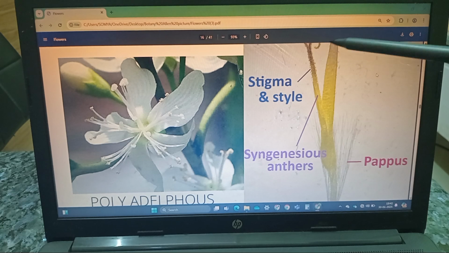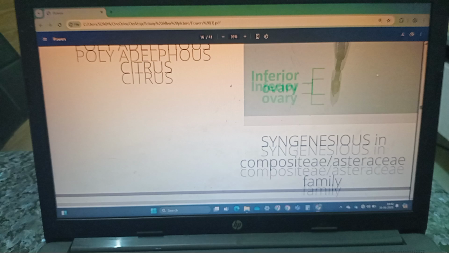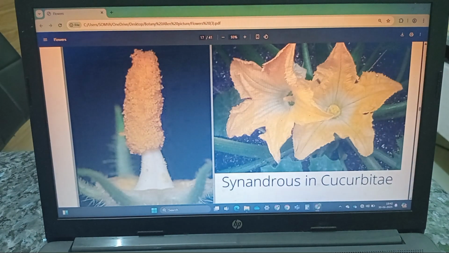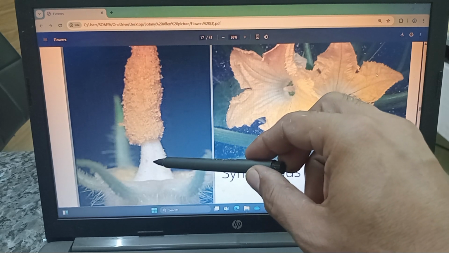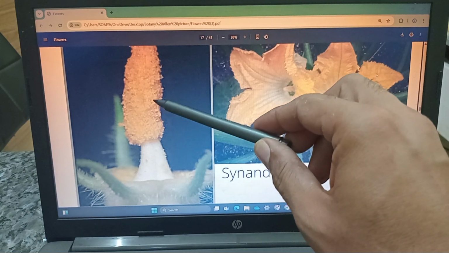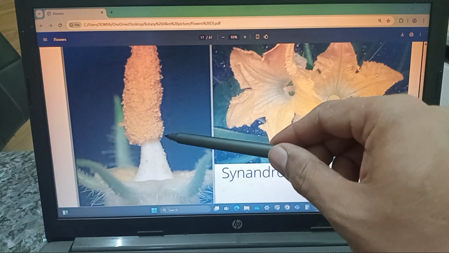This is found in the sunflower. Then this is synandrous condition, in which all the anthers and the filaments appear to make one structure. Synandrous condition is found in the Cucurbita family.